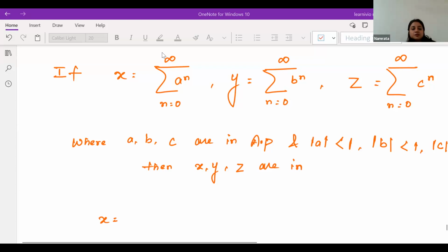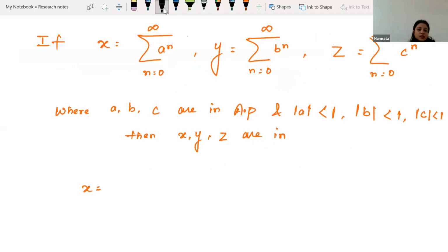Let's continue. We can write x, since x is given as a summation of n equals 0 to infinity. This may look like, oh, how to deal with it. Its summation is there, and n is equal to 0 to infinity is there, but it's okay.